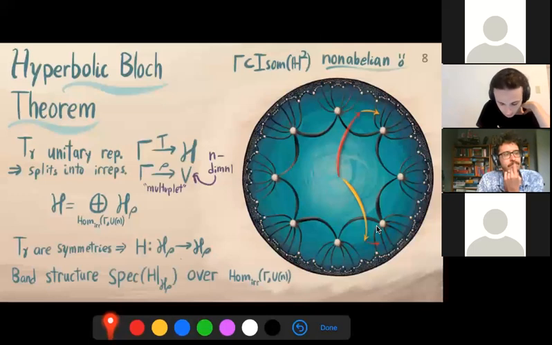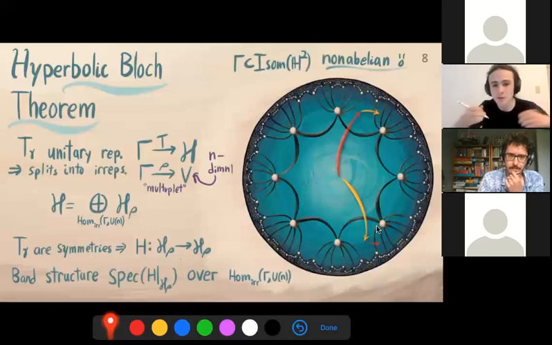And once again, these are symmetries, which means the Hamiltonian respects these, which means the Hamiltonian preserves these subspaces. So you can do the same exact thing and look at the spectrum restricted down to this space, right? So that's the band structure in this hyperbolic setting. It's about the spectrum of the Hamiltonian restricted to these, and you're looking at that spectrum over the space of the different irreducible representations.